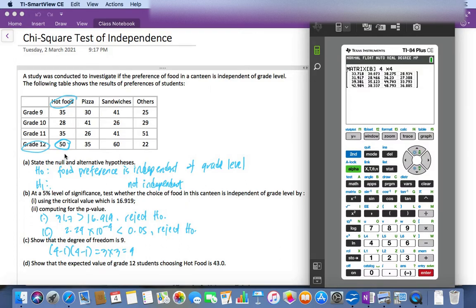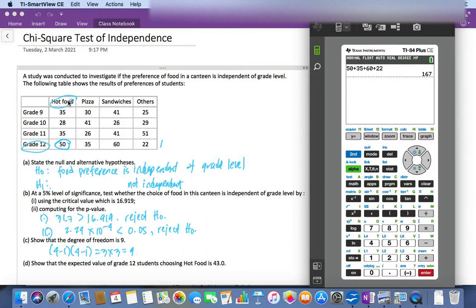For us to be able to do that, we could add these manually. For example, I have 50 plus 35 plus 60 plus 22. I add that, that's 167.